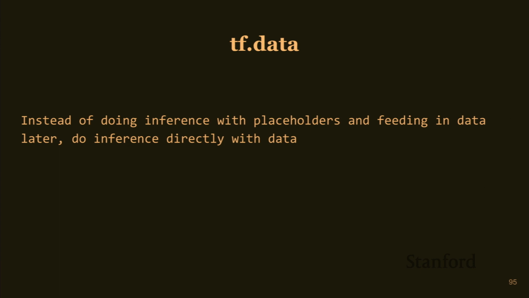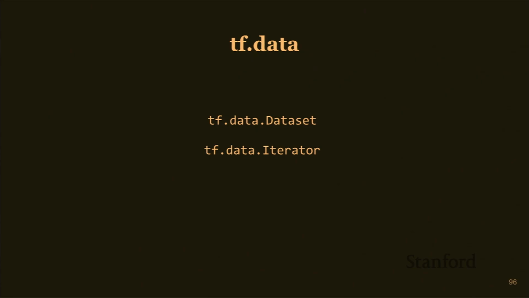Actually, I think it's a second attempt by TensorFlow to make something easier to use with data, because before they introduced queues and data readers, and it was awful. The program just crashed all the time. So TF.data is something they promise to be easier to use, and it does a lot of data reading optimization for us. The TF.data module has two main things: the dataset and the iterator.